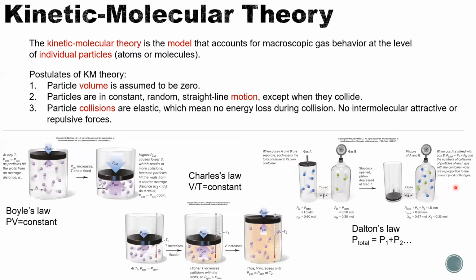But if we have more gases inside, then the chances of two different types of gas molecules hitting the wall increase, and we can treat the net effect as the sum of the two individual types of gases. So total pressure equals the sum of the individual gas pressures.